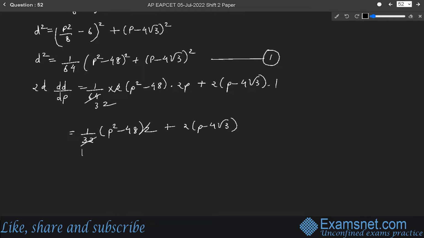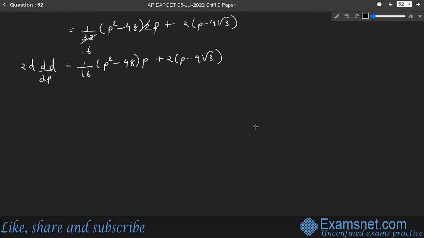Again 2 and 32 will be cancelled. So it will be 2d · d/dp of d equals 1/16 [(p² − 48) · p + 2(p − 4√3)]. See here there is 2p, so p will also be there.